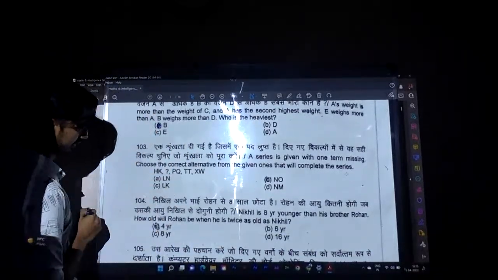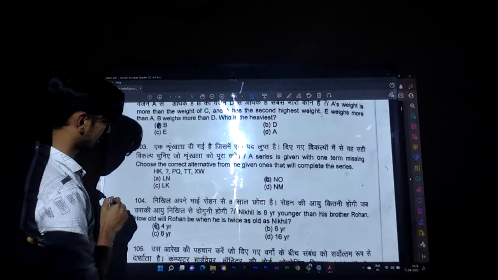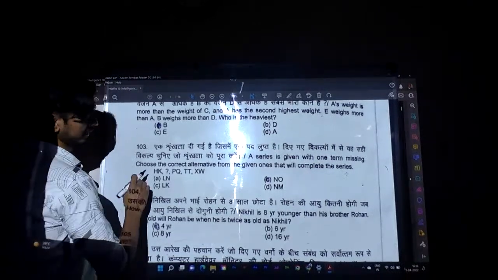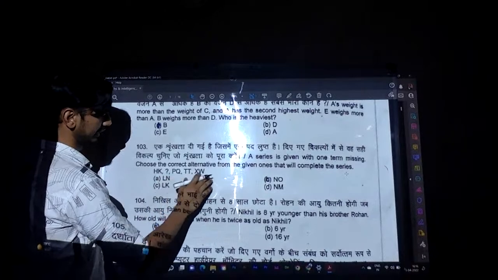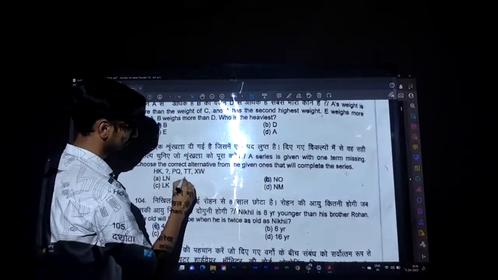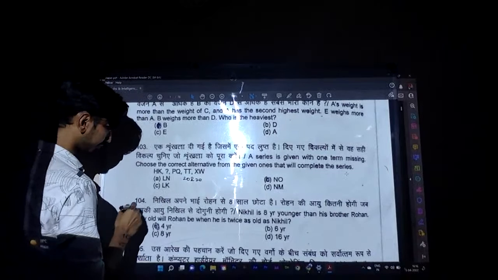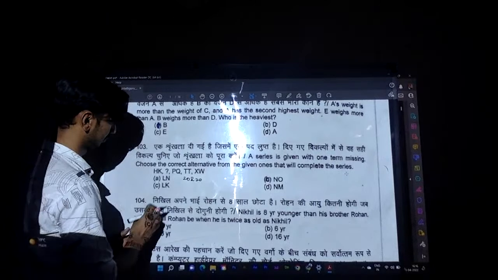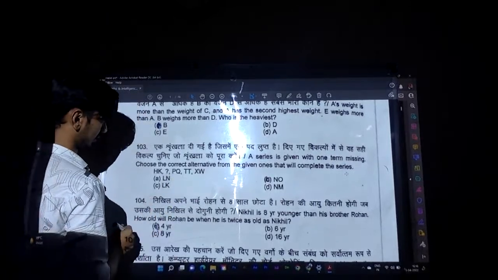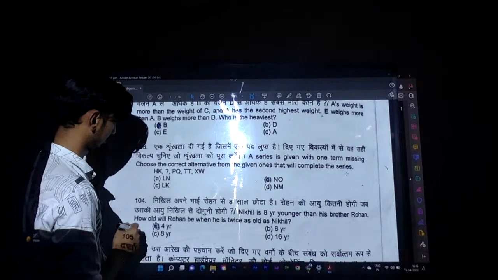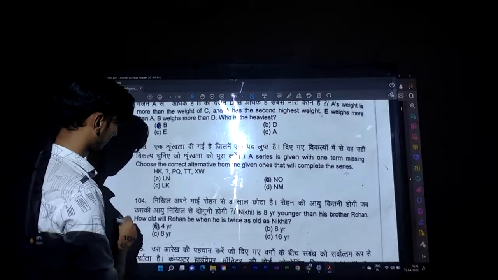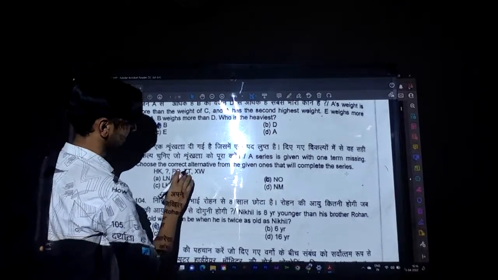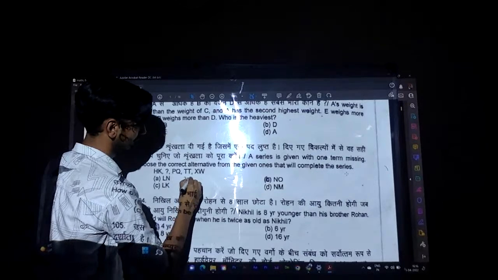So here, when you decode H, K, T, Q, T, T, and X, W, the T and T will become 20 and 20.